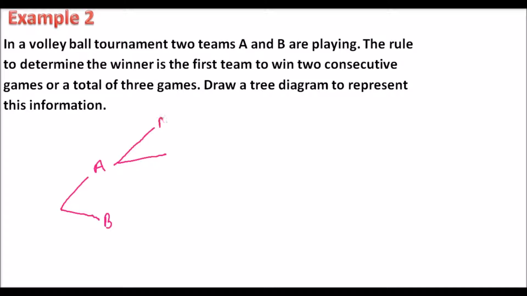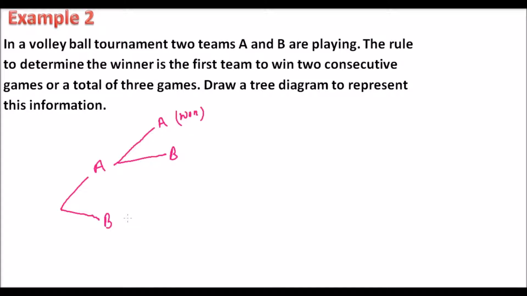A can win the second game or B can win. Since the rule is that the first team to win 2 consecutive games wins, it means that A will have won the tournament at that stage.